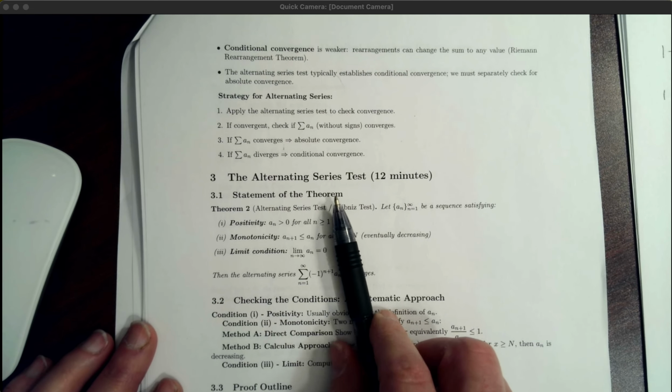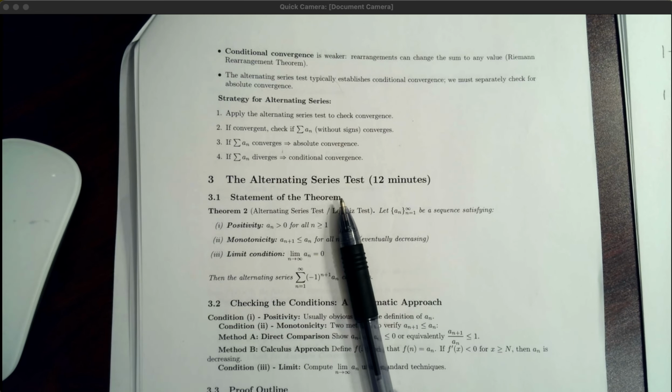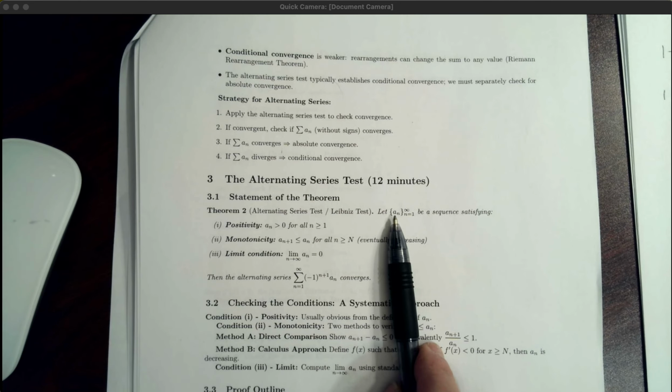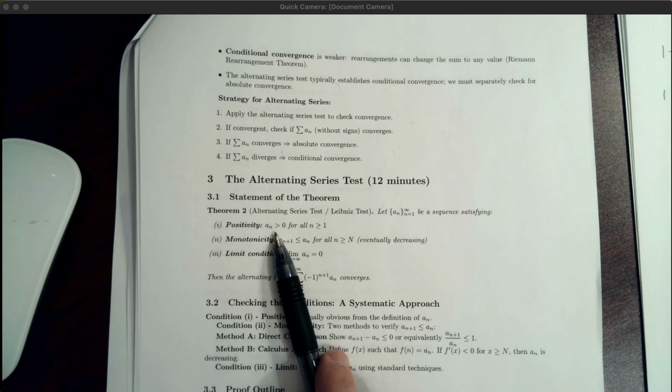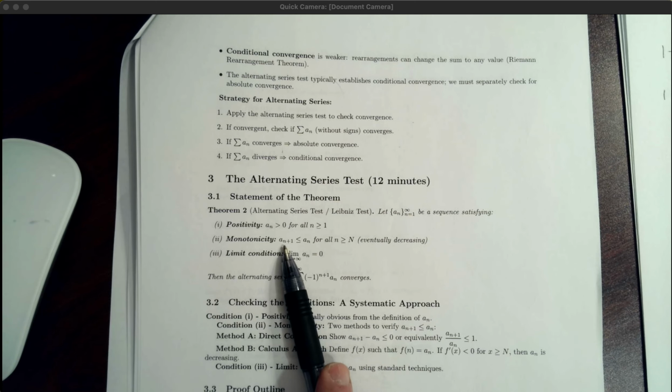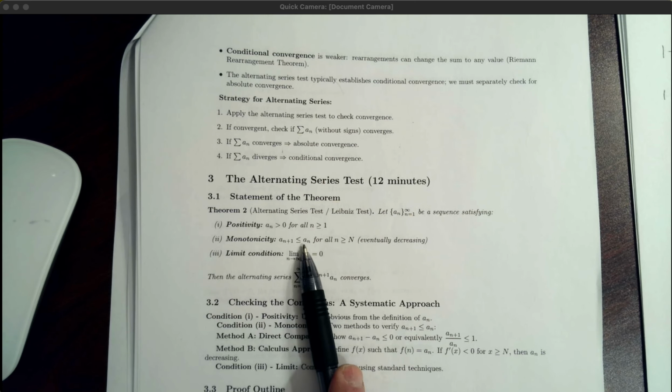So the alternating series test. Each of the terms a_n are positive. So we have a sequence of positive numbers. Each one is positive. The sequence is decreasing eventually. So the n plus first term is smaller than the nth term.